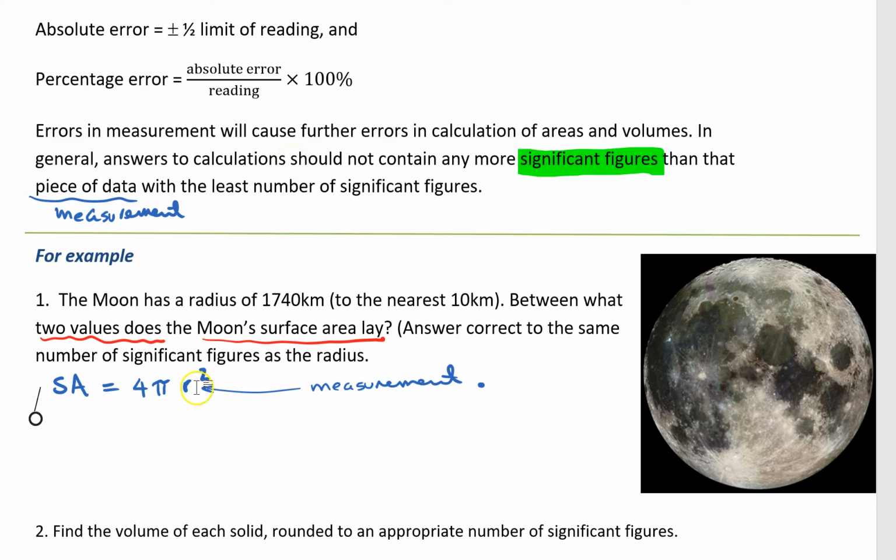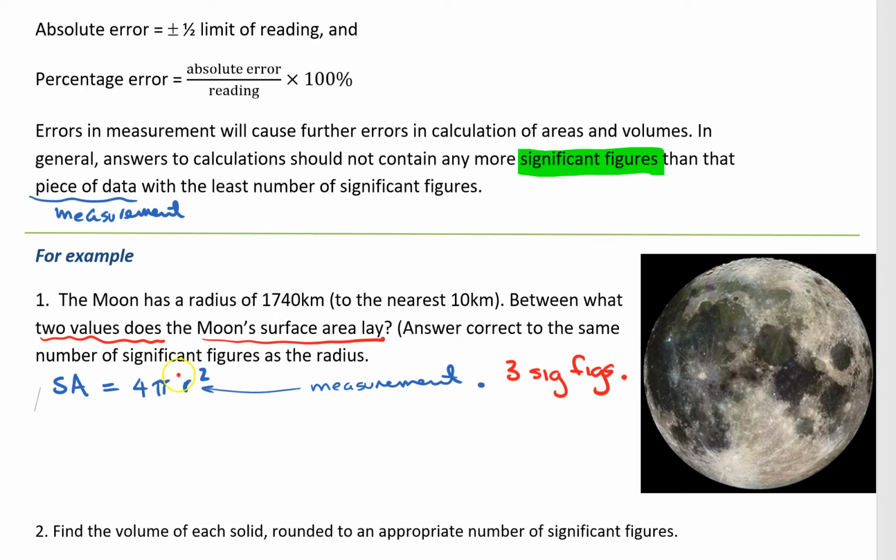So because there is only one measurement, this question is saying give your answer to the surface area to the same number of significant figures as the radius. So you can see there that the radius has 3 sig figs, 3 significant figures, the 1, 7 and the 4.